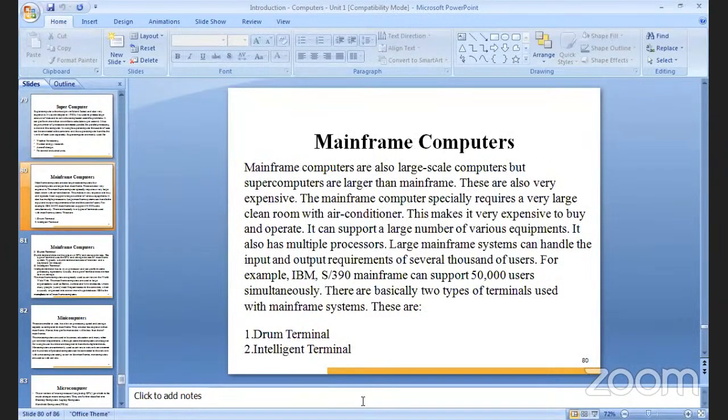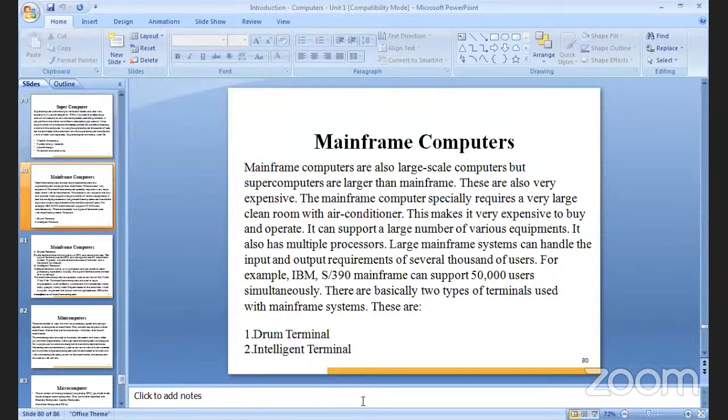And next one is the mainframe computer, which is also a large scale computer. Compared with mainframe computers, the supercomputers are larger, but mainframes are also very expensive.